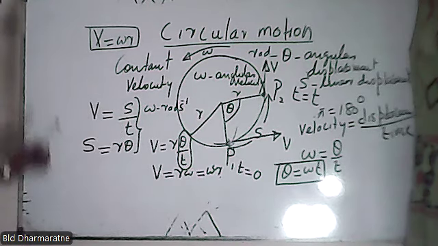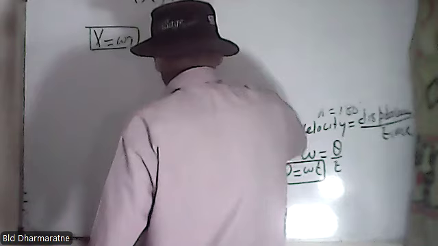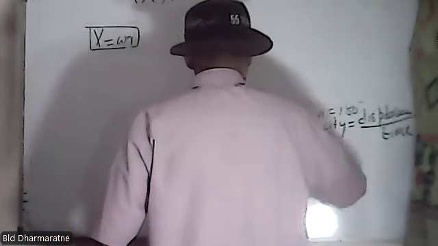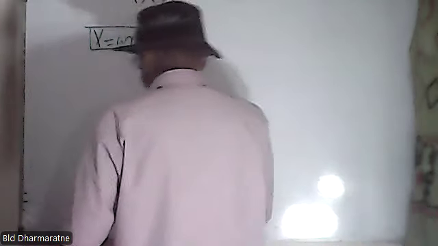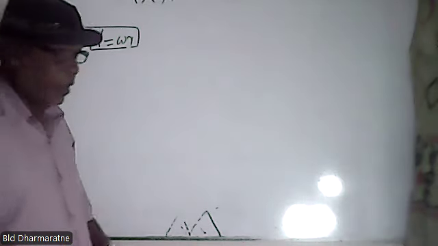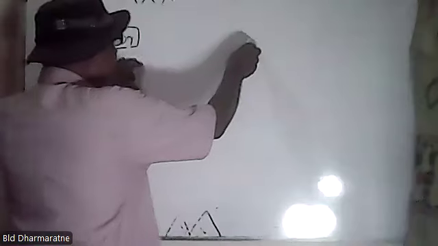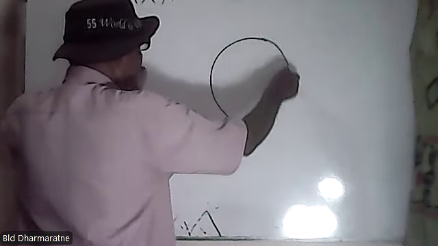Right, okay. Now we see the centripetal force. What is the centripetal force? Actually, centripetal force is one of the forces acting towards the center. Now here, a body moves in a circle. Omega is the angular velocity.